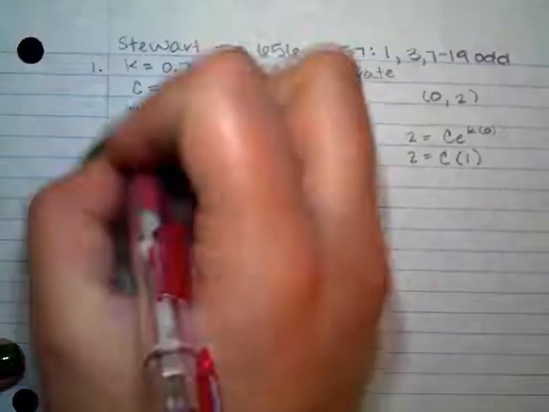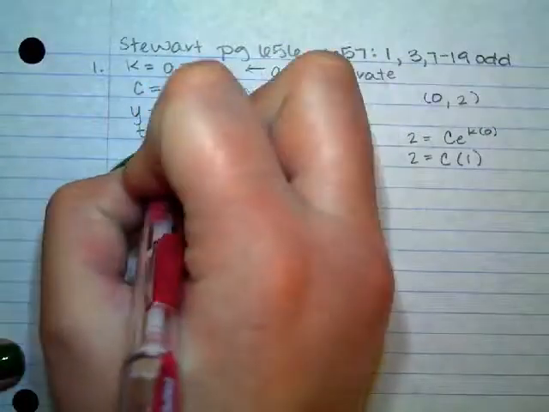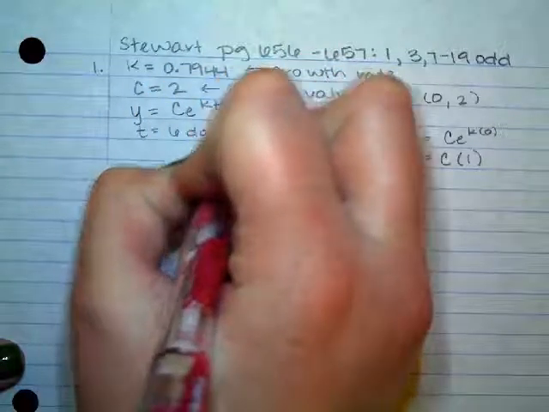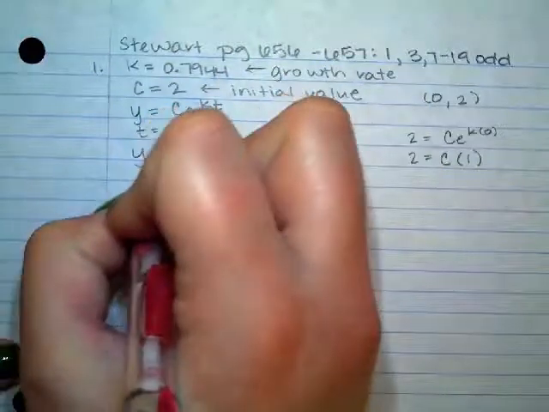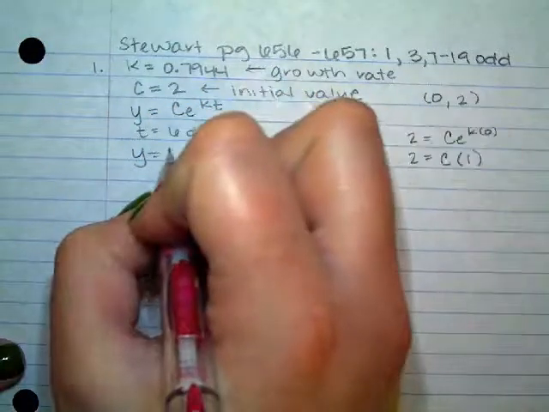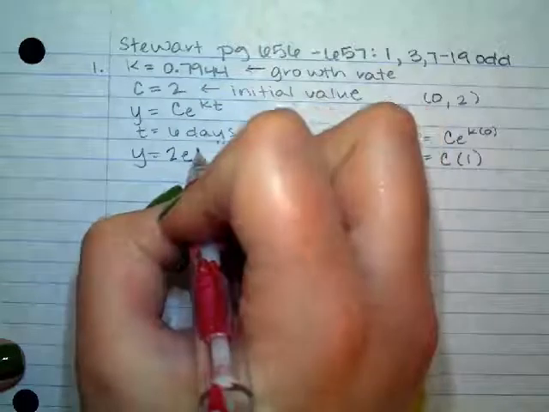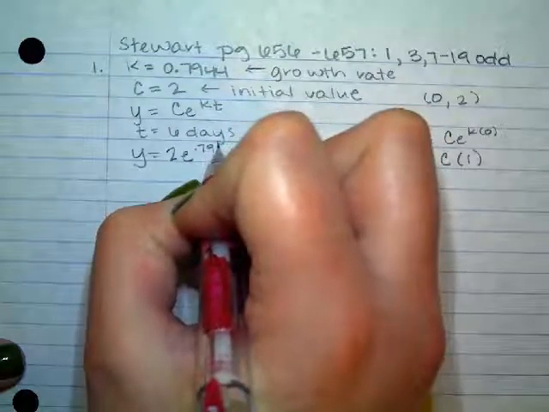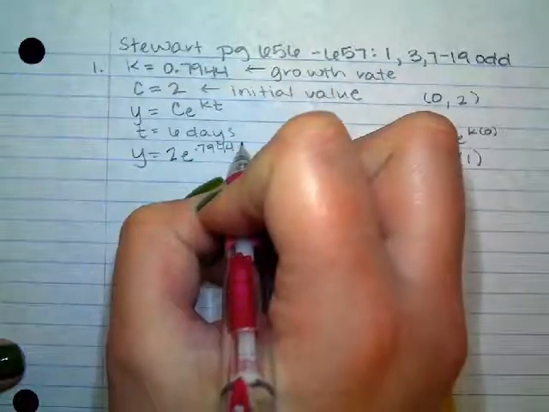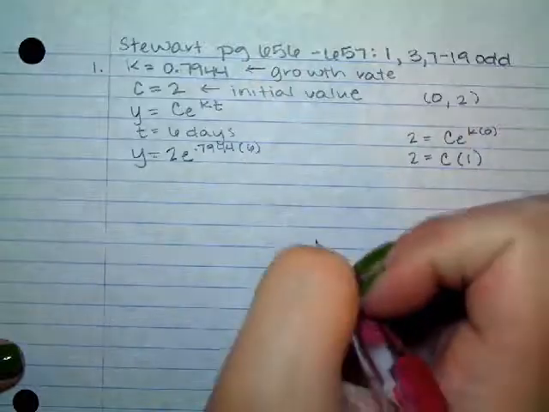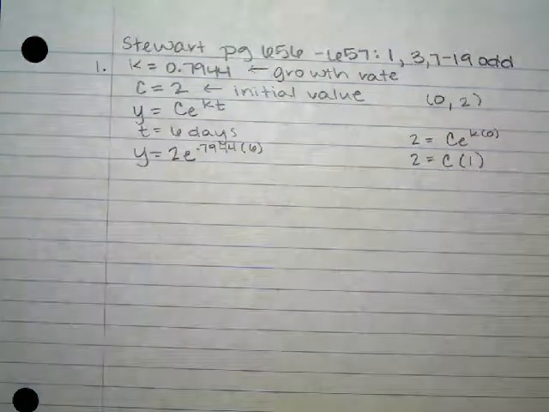T equals 6. Okay, so we want to solve for y. Y is going to be the population. So 2e to the 0.7944 times 6.